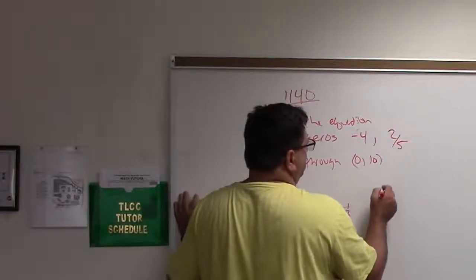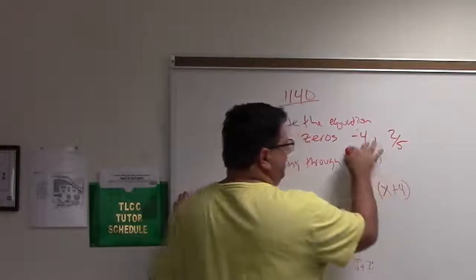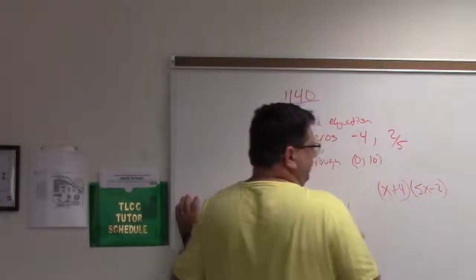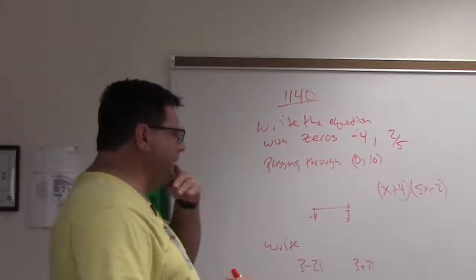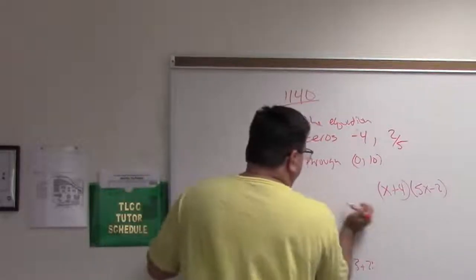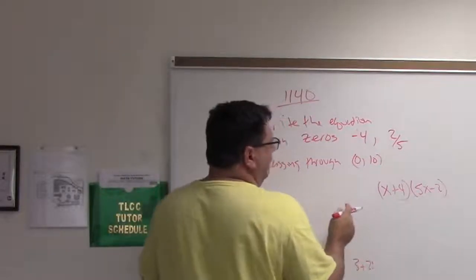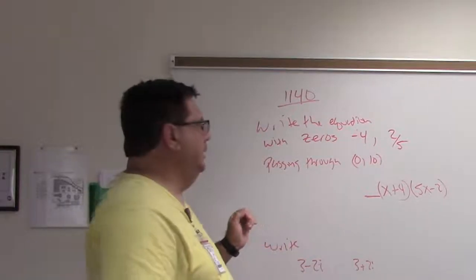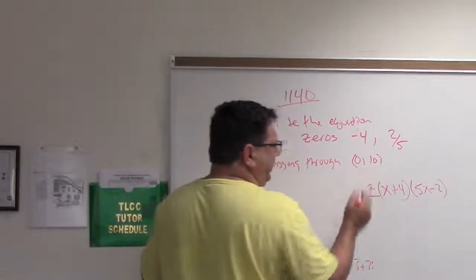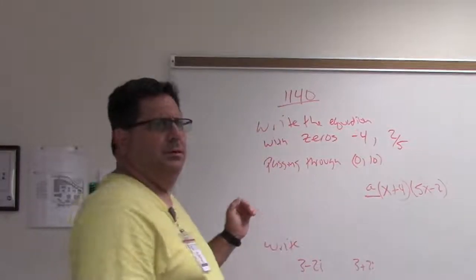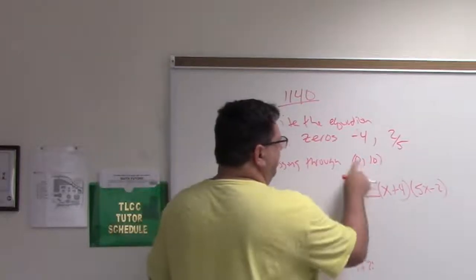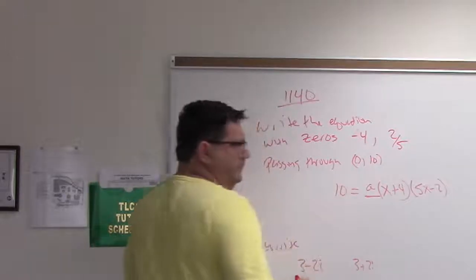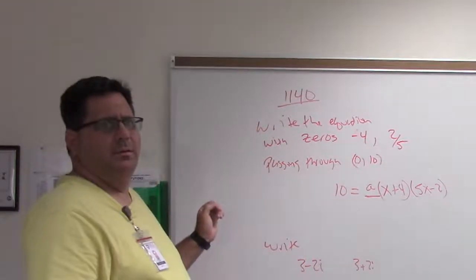We got x plus 4 is this piece. We got 5x minus 2 is this piece, yes? Yes, sir. Now, here's the problem. We don't know the number that would be in front, right? Correct. So you put an A there, or a B, or a K, or whatever you want, and you say, if I plug in x is 0, I get 10. Okay.